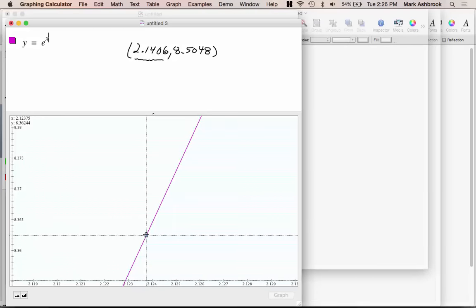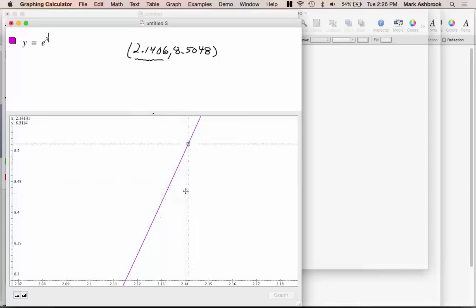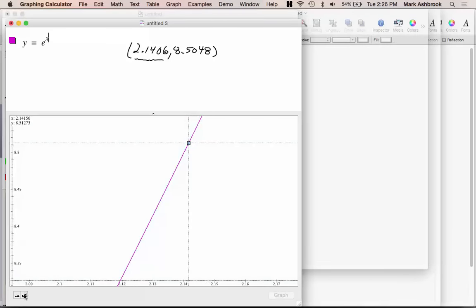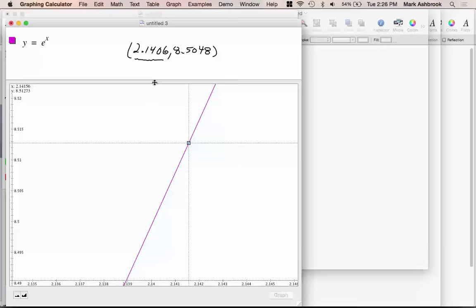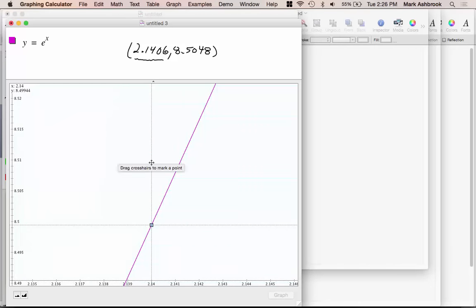At 2.14, the point is 8.49944. This is the amount function.